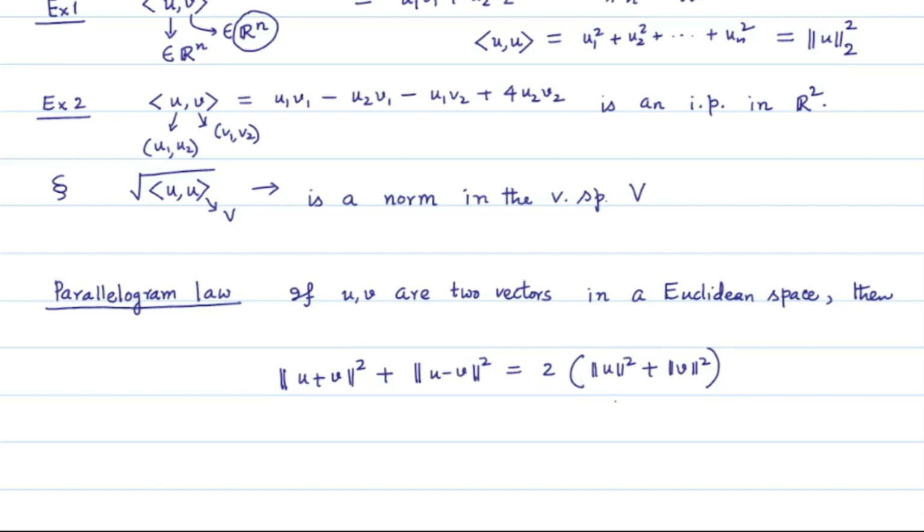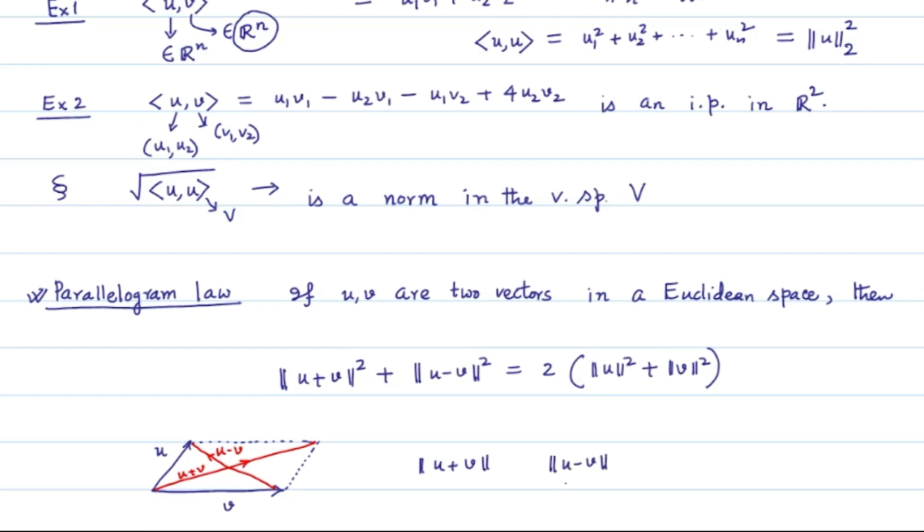This equality is referred to as the parallelogram law due to the fact that if we take u and v as two sides of a parallelogram, then the diagonals of the parallelogram are given by u plus v and u minus v. Therefore, the lengths of the diagonals are norm u plus v and norm u minus v.